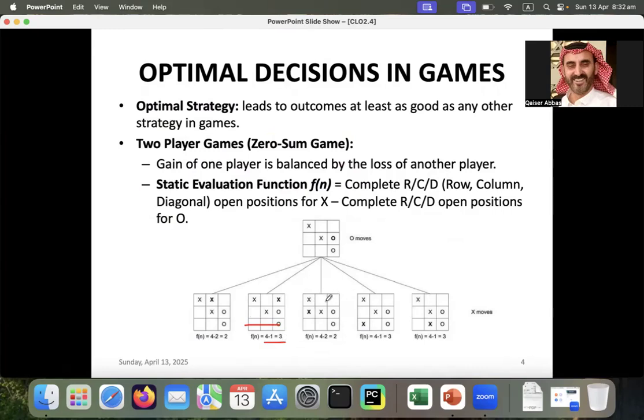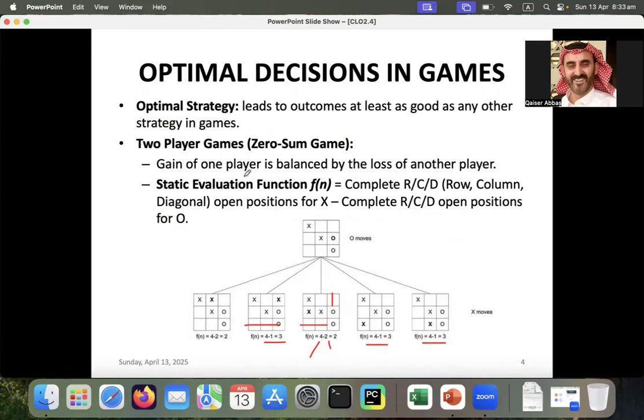And here 1, 2, 3, and diagonal 4. This is 4. And open positions for O, 1 and 2. That is 4 minus 2 is equal to 2. Similarly, something here. So here we have calculated f of n for all of these options.